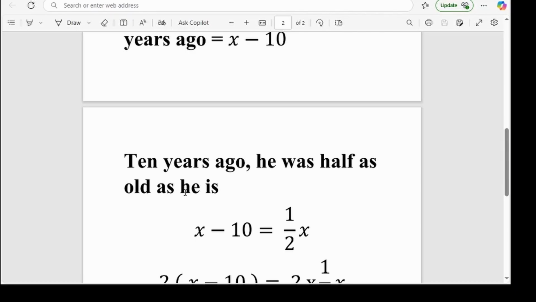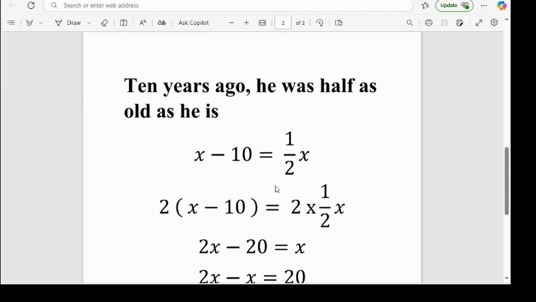So let's quickly solve it. So there's 1 over 2 here, right? So 2 would multiply each side. So 2 multiplying x minus 10 all in bracket equals 2 multiplying 1 over 2x, right? So this 2 will cancel this 2 out.